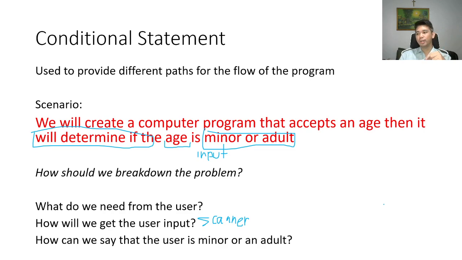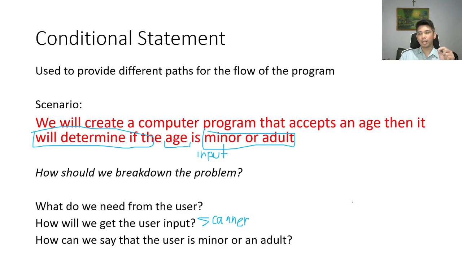By law, all persons who are under the age of 18, meaning 17 years old and below, are considered as minors. And those adults are of age 18 and above.